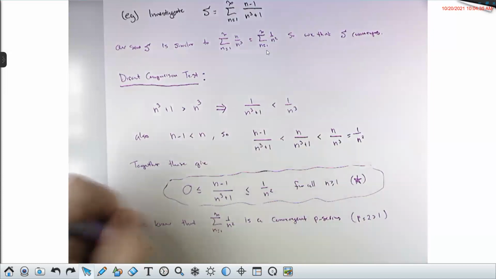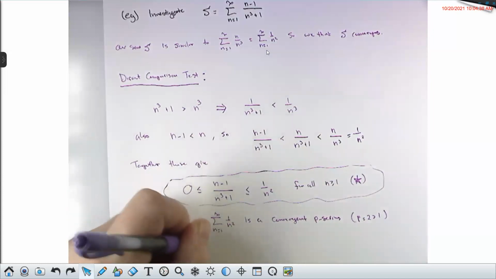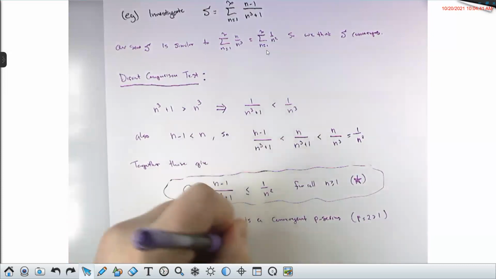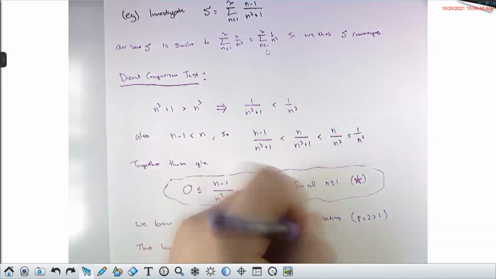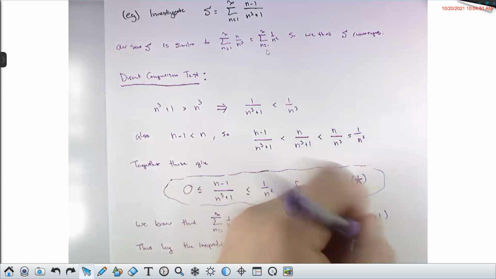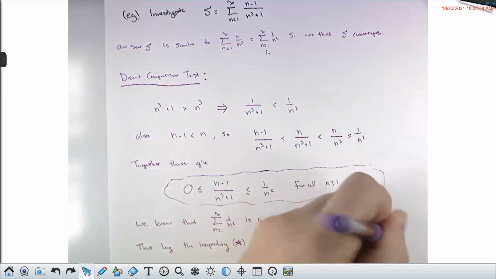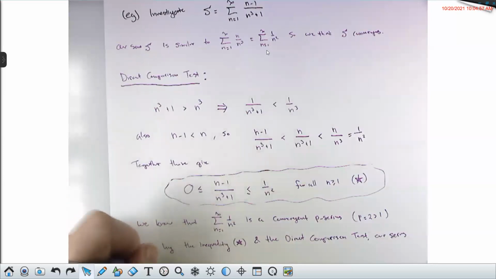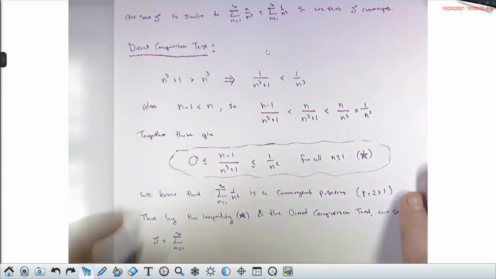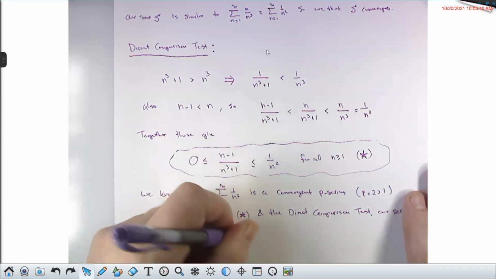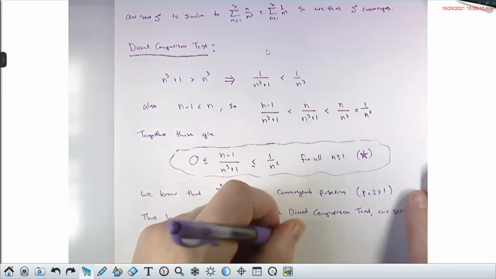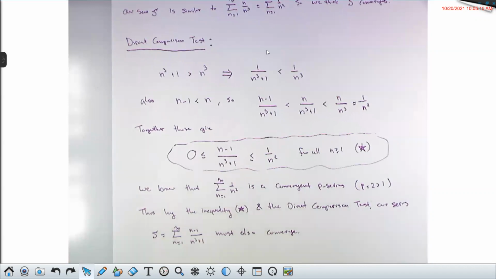Thus, by the inequality star and the direct comparison test, our series S equals sigma n from 1 to infinity n minus 1 over n cubed plus 1 must also converge. That's it. Job done.